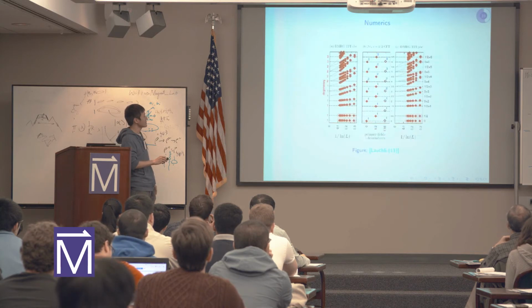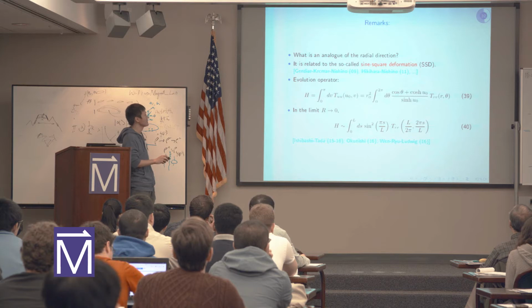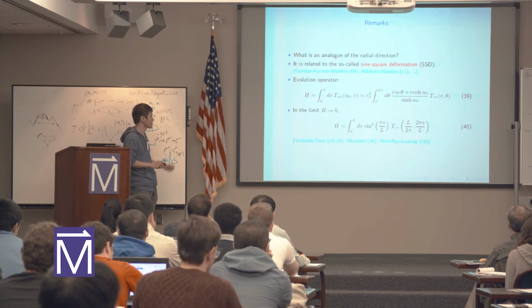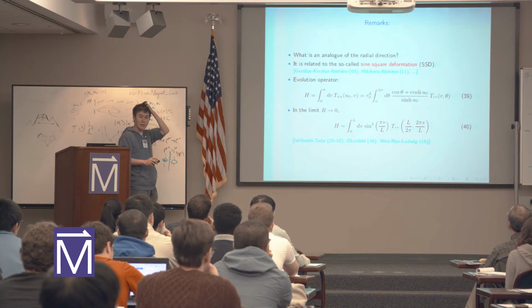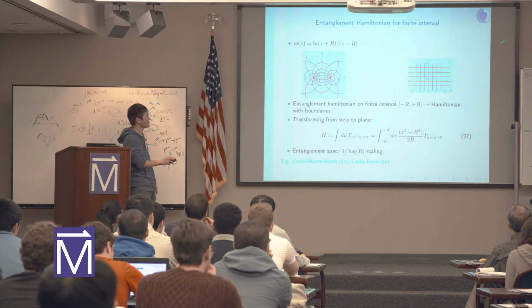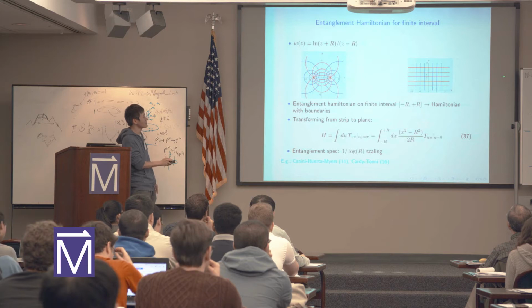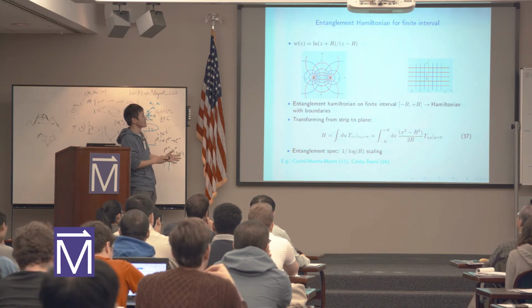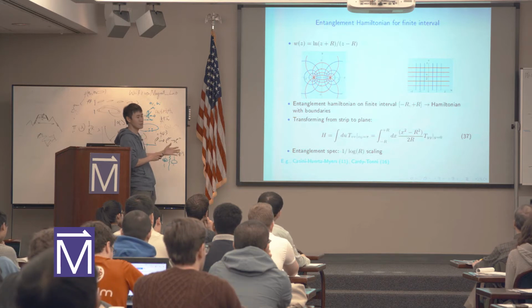So it is actually related to something called the sine square deformation of lattice quantum systems. If you, once again, do the same exercise, we take the evolution operator on this cylinder, in this case not along the blue curve but along the red curve, and then we transform this evolution operator back to the plane.